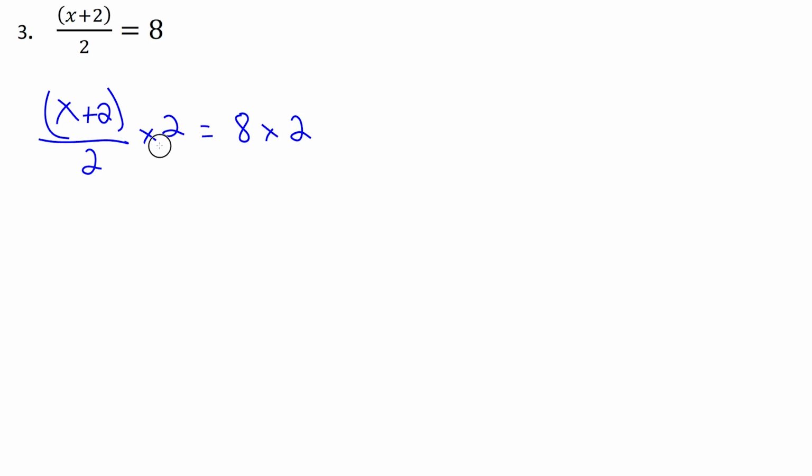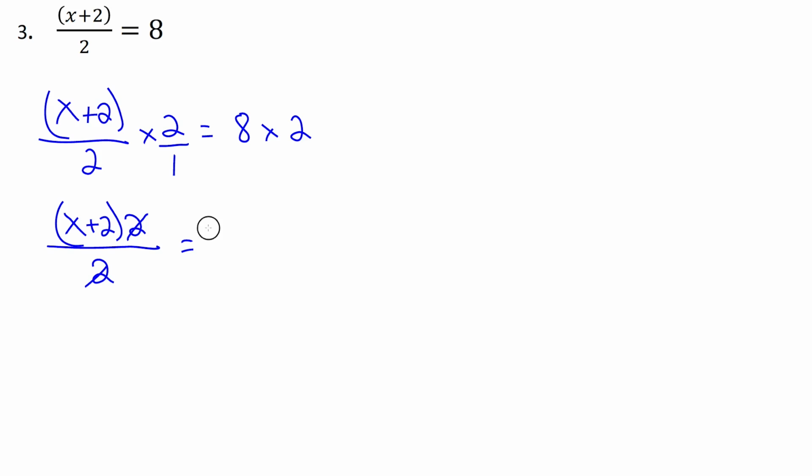So remember, this is really a 2 over 1 on the left-hand side and on the right-hand side. But because the left-hand side is a fraction, you might want to remember that's how that works, because now we're going to multiply our fractions, top times top, bottom times bottom. So if I want to write out that step just to be similar with what we were doing before, it would look like x plus 2 over 2, like this, and then you would cancel out the 2.